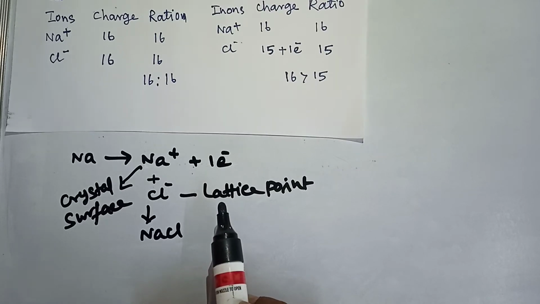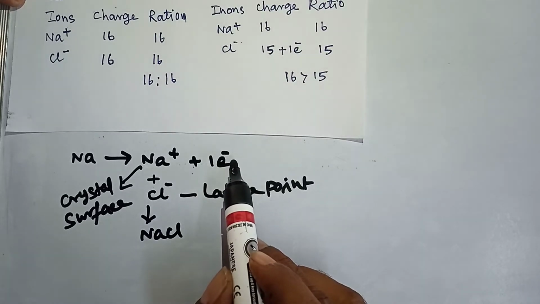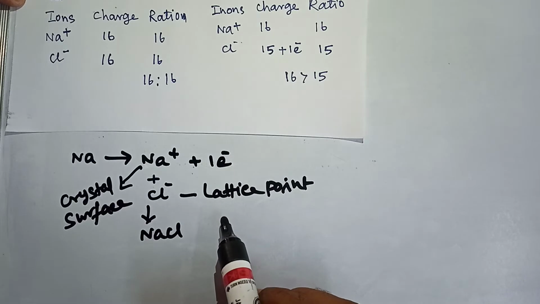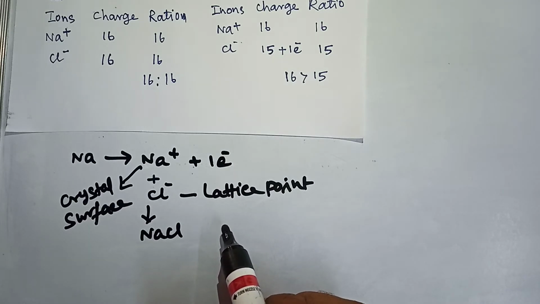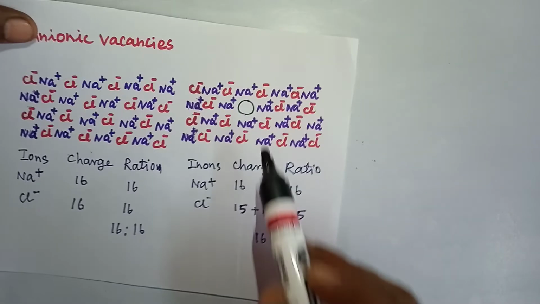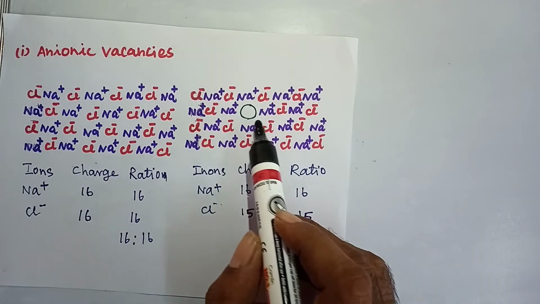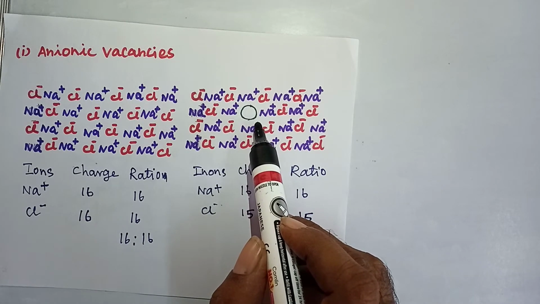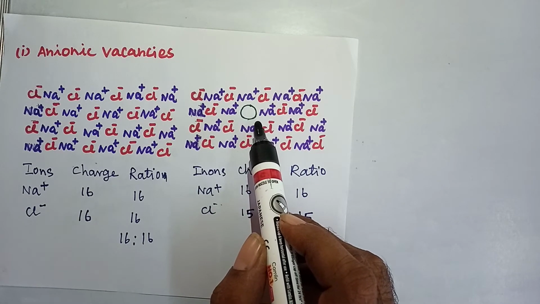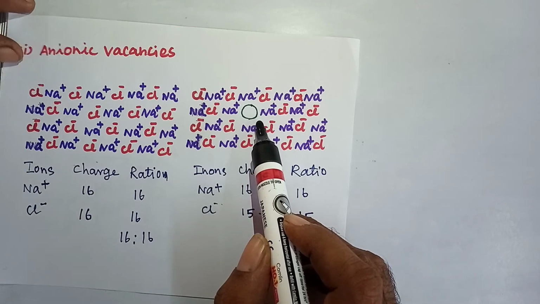For maintaining electrical neutrality, the electron diffuses into the crystal and occupies the position of the chloride ion. Such anionic vacancies occupied by an unpaired electron are called F centers.